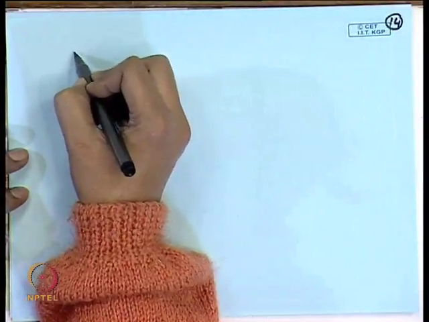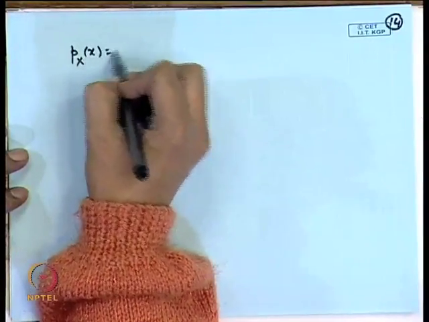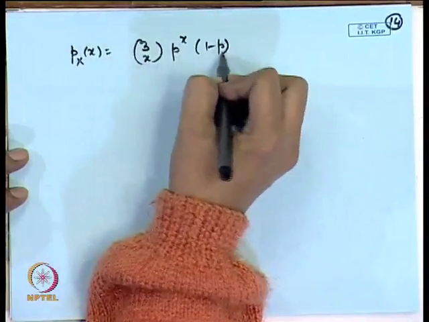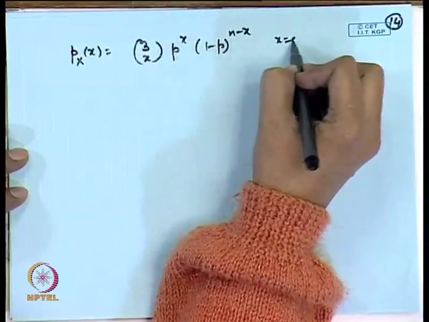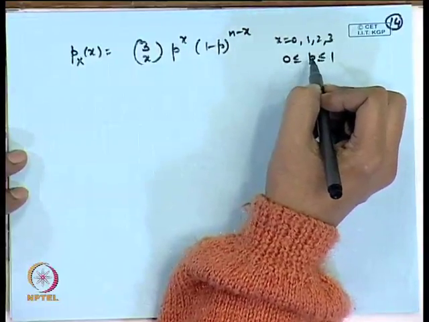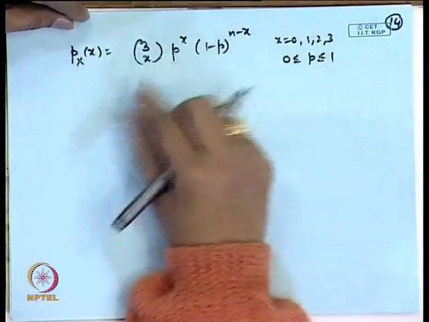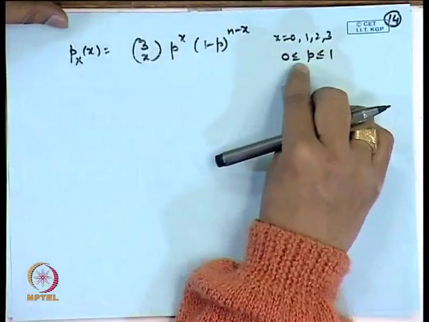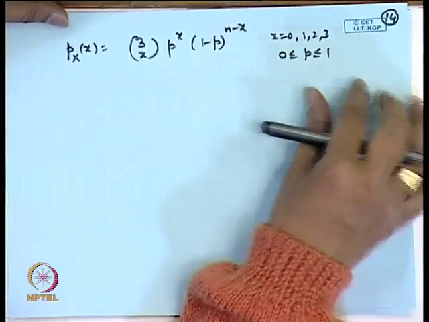That means, I am having my function p(x) as 3 C x p to the power x, 1 minus p to the power n minus x, and now here p is any number between 0 and 1. So, naturally now the problem is more complicated. I cannot make a table of this nature for all values of p, because there are uncountably many values of p in the interval 0 to 1. However, I can use the usual methods of analysis or calculus to find the value of p which will maximize this function.